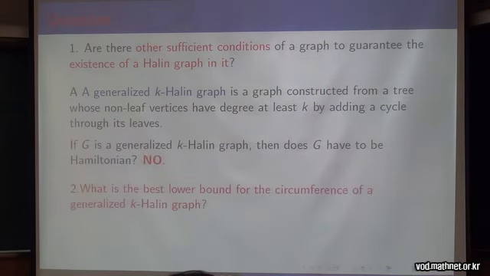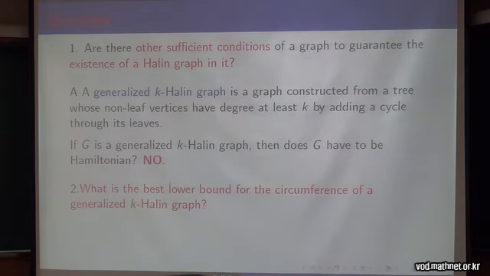And so of course it's not Hamiltonian. Because it's not Hamiltonian, you can also think about a lower bound for the circumference of a generalized k-Halin graph. We tried, but we don't know. If there is a spanning Halin subgraph, then the number of leaves is at least n over 2 plus 1.